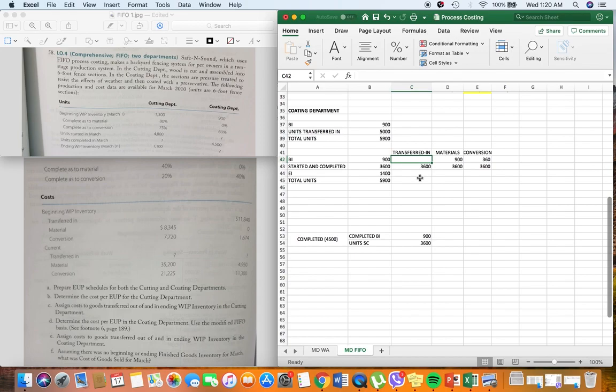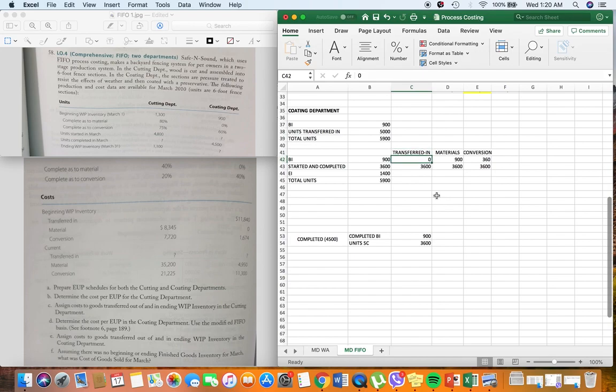And therefore, kailan nakarating tong units na to sa coating department? Last month pa. Kasi the fact na nasimulan na siya last month dun sa coating department, it means na last month pa siya nailipat. And because of that, the EUP of the beginning inventory units for the transferred in cost is 0.